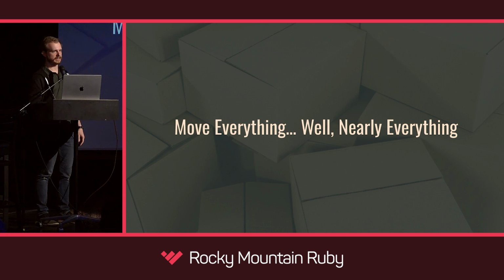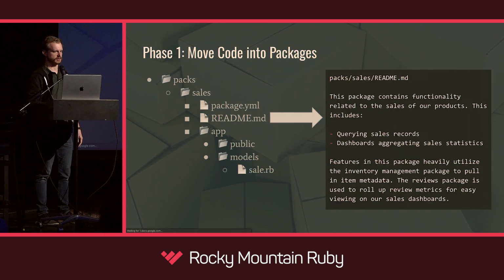That leads to a highly cohesive package where everything inside is related, but less coupling between packages. The only code we left outside of packages was application configuration code that didn't relate to any single feature set, for example our DB schema.